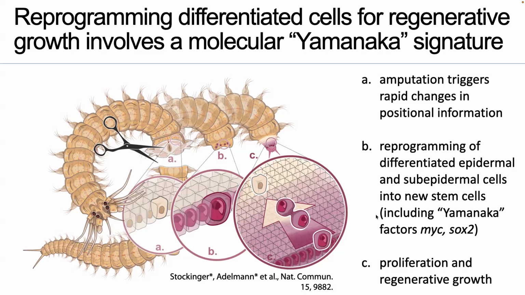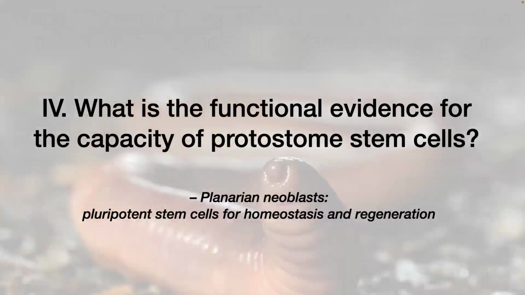So this takes me now to the fourth part of my presentation, in which I want to discuss a bit the ability of stem cells to really perform functions in the adult body plan. And here, I think the most successful model that has been pushed in the field in invertebrates is another Lophotrochozoan clade that you've already seen in the introduction, the planarians.